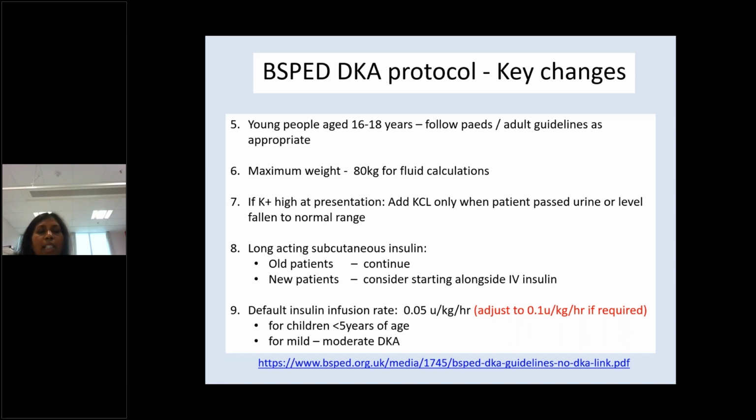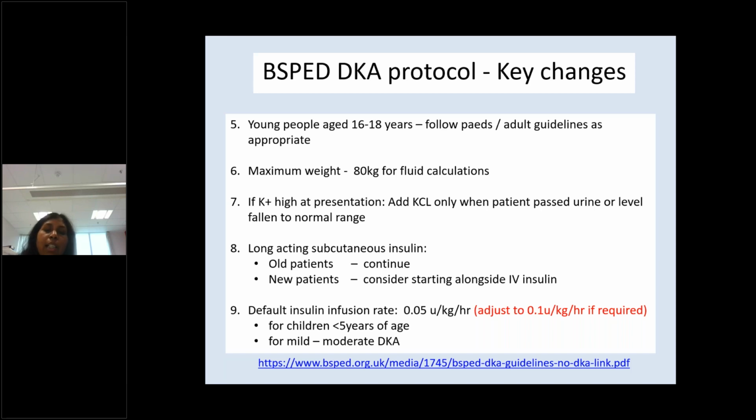And then I put it as a default infusion rate as 0.05 units per kilo per hour. And this can be adjusted and gone up to 0.1 units per kilo per hour if required. And when I say by default, this is for younger children less than 5 years of age, and for children who are presenting with mild to moderate DKA, i.e. their pH is more than 7.1 and less than 7.3.